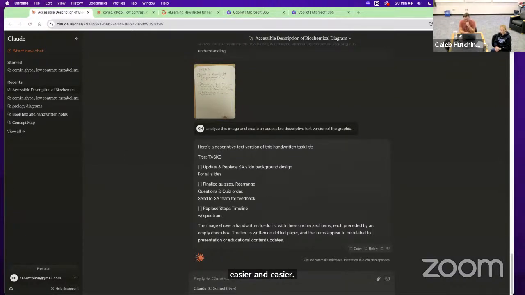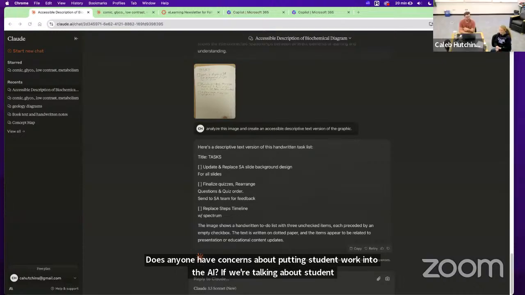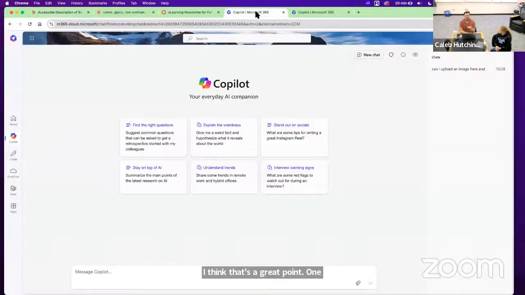Oh, Diamond has a great question though. Does anyone have concerns about putting student work into the AI? If we're talking about student notes, I think that's a great point. One thing I would note is Copilot: if you are signed into your CCS account and you see this little shield icon here, it means it's using the enterprise data protection plan, which means any content that you enter is not saved or recorded anywhere.